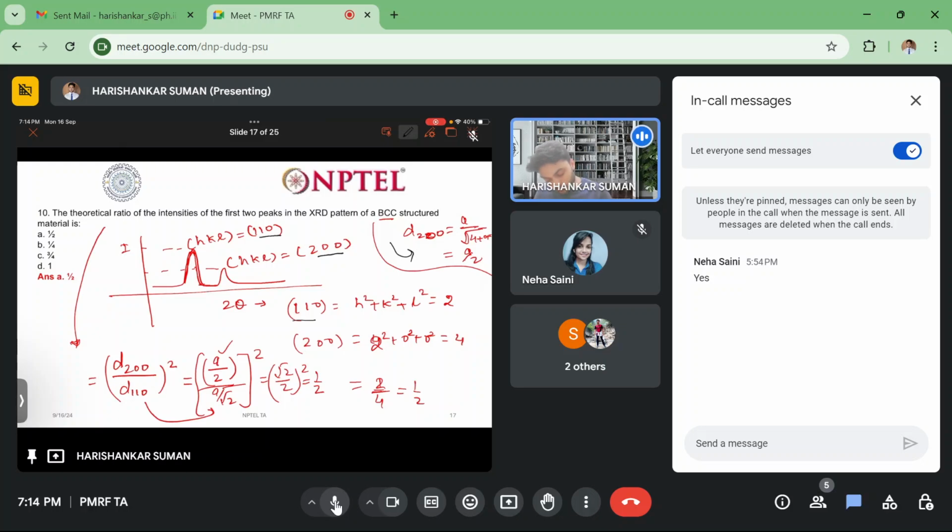So for 110, h square plus k square plus l square, after squaring we will get 2, and 4 for 200. So this will be half.